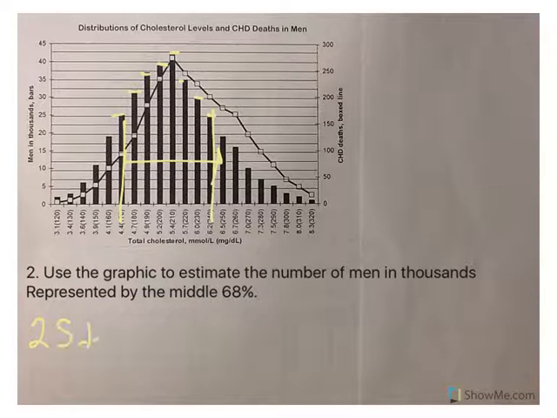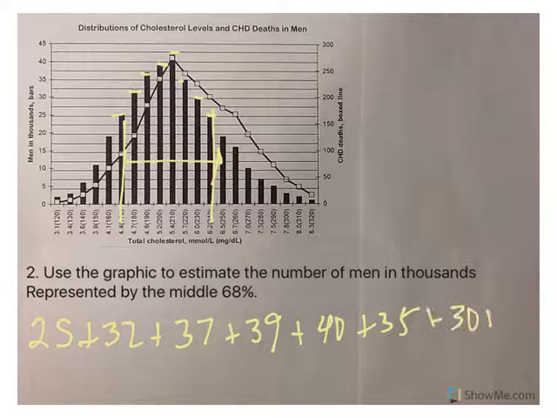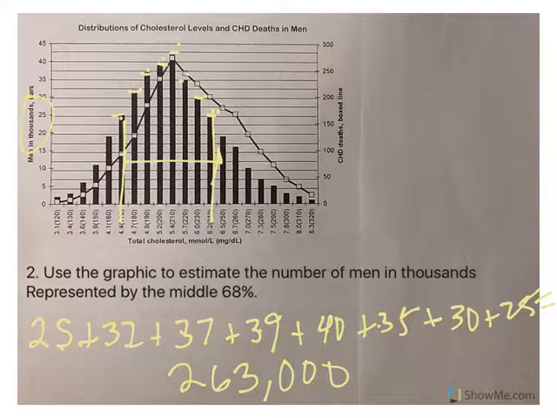I used 25, 32, 37, 39, 40, 35, 30, and 25. That's for each of these bars, 1, 2, 3, 4, 5, 6, 7, 8. When I add them all together, I get 263 men in thousands, so that is 263,000. So that's my estimate. You might estimate it a little bit differently, but at least we should be in the same ballpark, playing the same game.